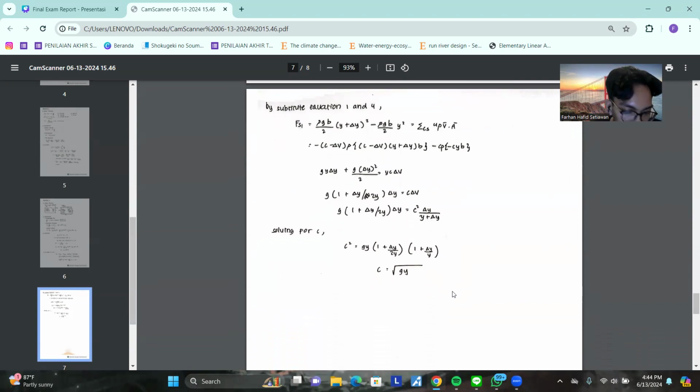After that, we can solve for c squared. Okay, we can solve for c squared by simplifying this equation.